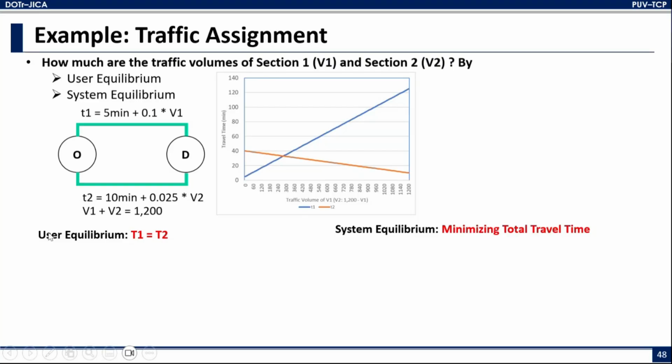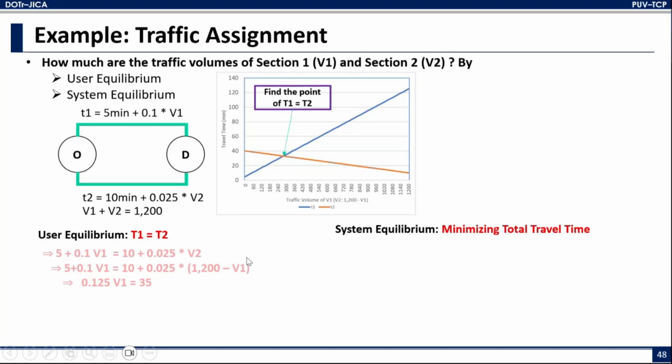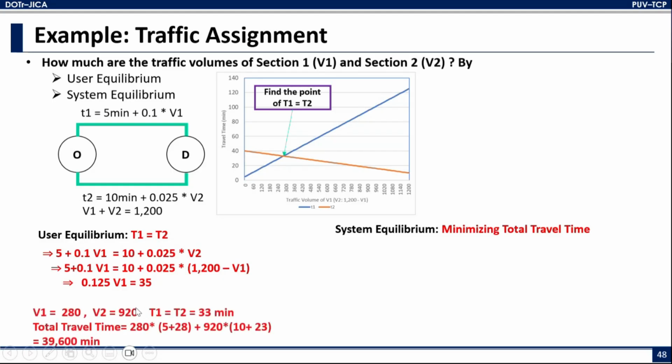The user equilibrium approach finds the point where T1 equals T2. This can be estimated with this formula: 5 plus 0.1 V1 equals 10 plus 0.025 V2. From this result, V1 equals 280 and V2 equals 920. And the total travel time of T1 and T2 is 33 minutes.